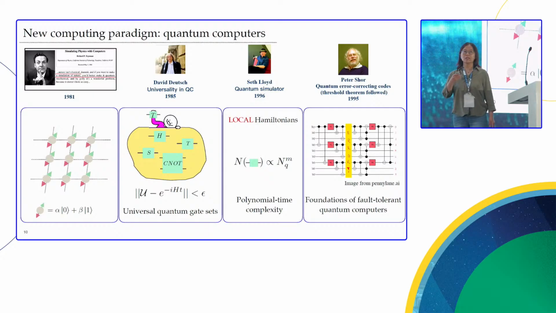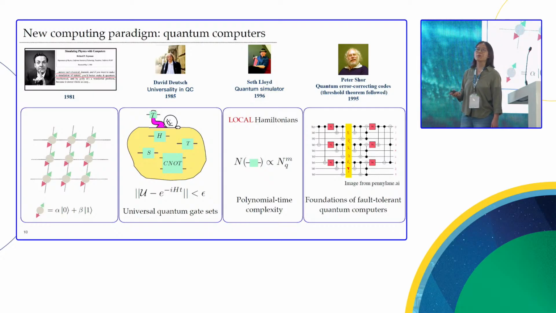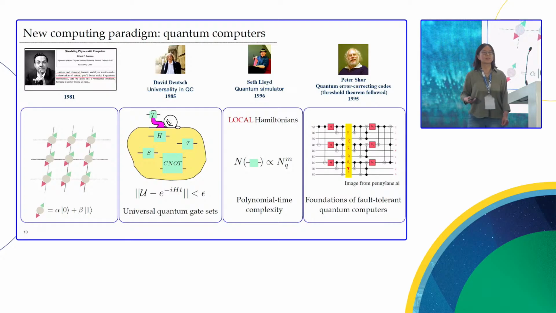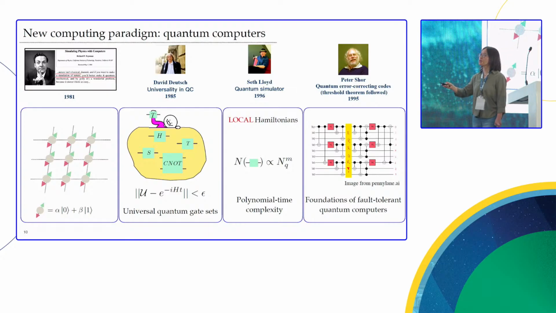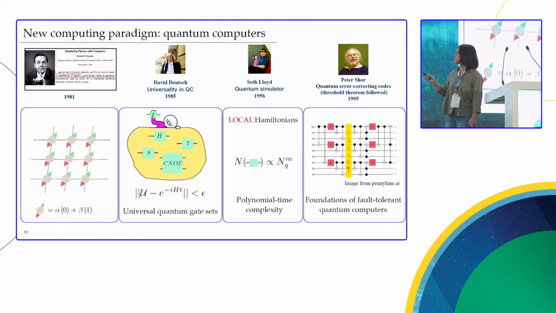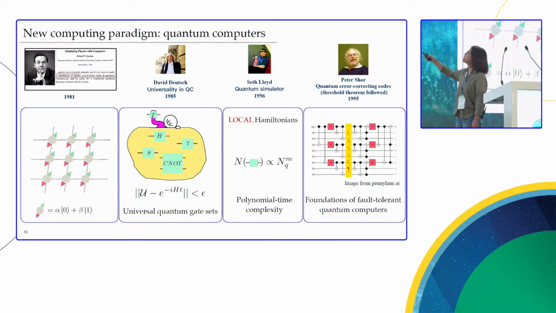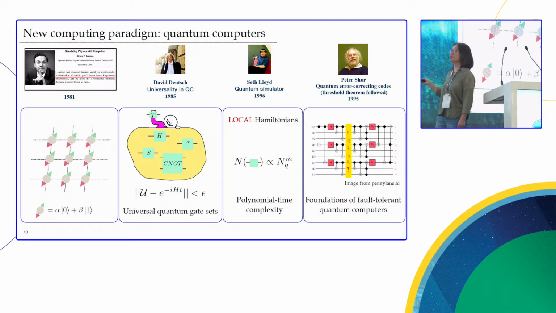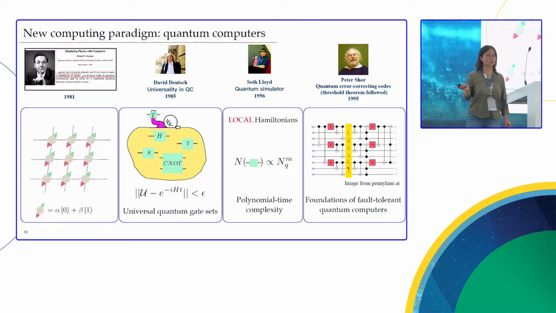However, we know as a quantum system, it's very sensitive to noise, right? We need a very large quantum computer to simulate our field dynamics. So we need the theoretical foundations of building up these large-scale quantum computers. And that goes to 1995, when Peter Shor developed the quantum error correction code, and also the quantum threshold theorem. So with this theoretical foundation, it really tells us, in principle, you don't have difficulties building up fault-tolerant, large-scale quantum computers.